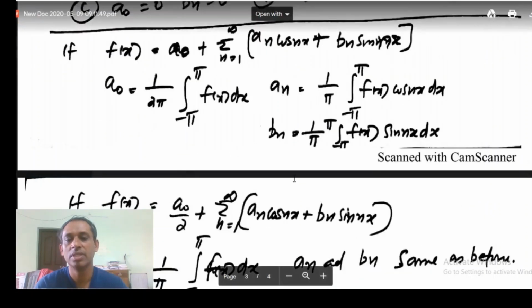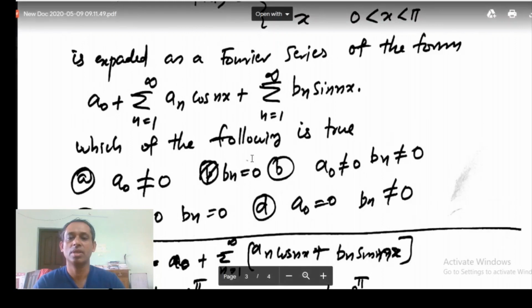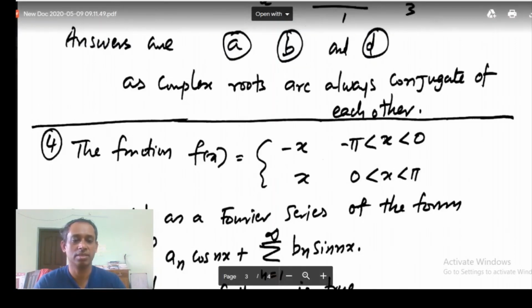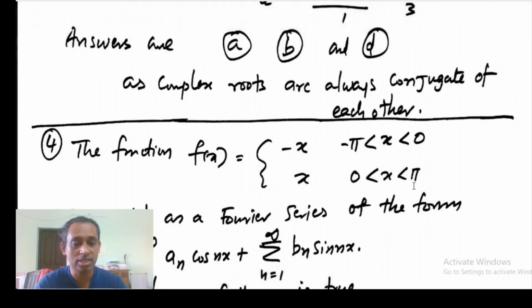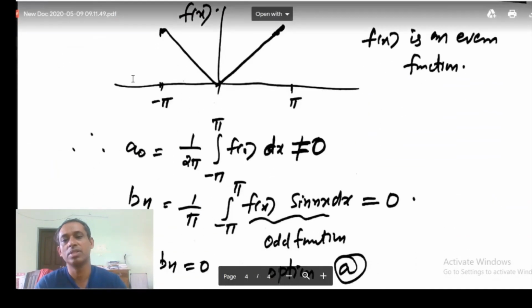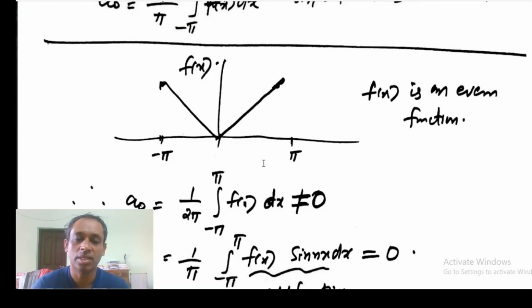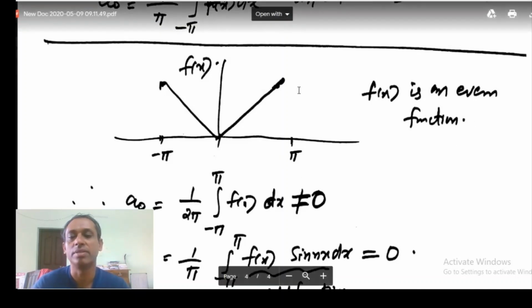If we represent this f of x given to us, f of x given to us is minus x when x is between minus pi and 0, and x when x is in between 0 and pi. So f of x is this, and we can see this is actually an even function.